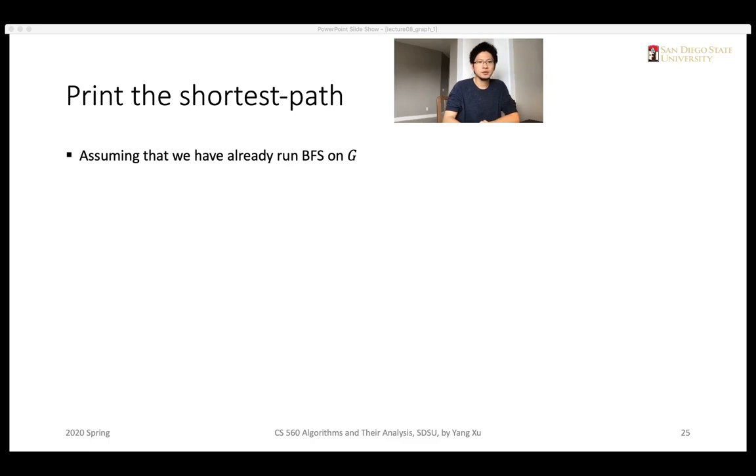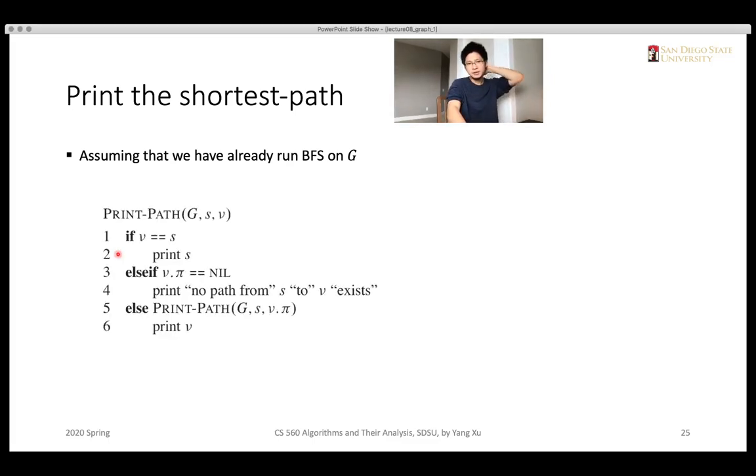Okay, so assume that we have already run BFS once on G, and we can use this procedure to print the path from S to V.